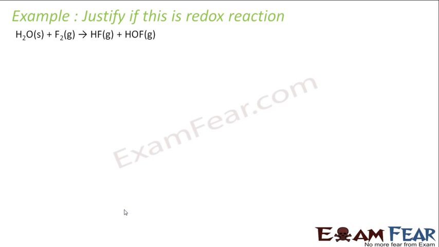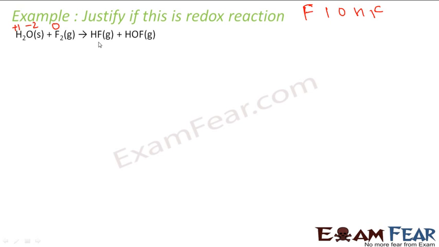So we have to justify if this is a redox reaction. Let's find the oxidation number of all. Using the formula we have, free state is 0, right? So this is O -2. If this is -2, overall has to be 0, it becomes +1. Overall it is 0. This is fluorine free state 0, HF.